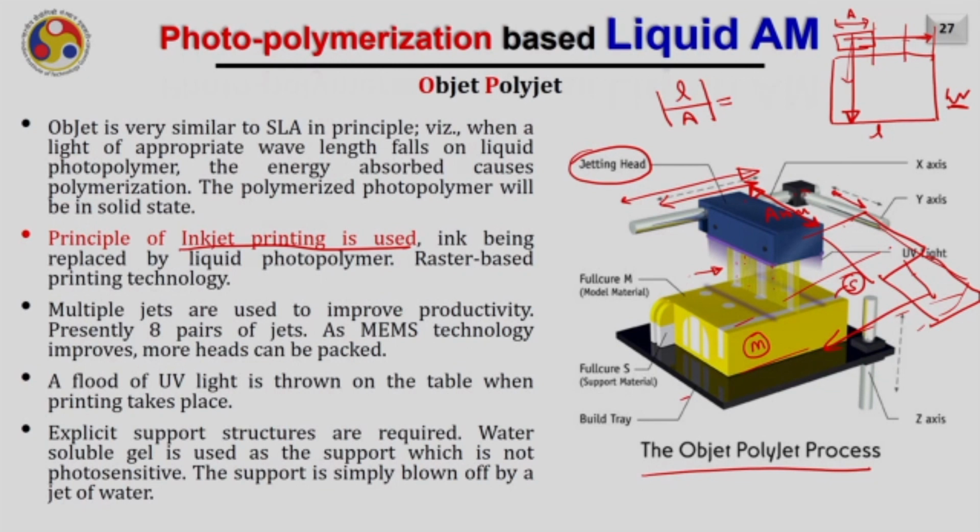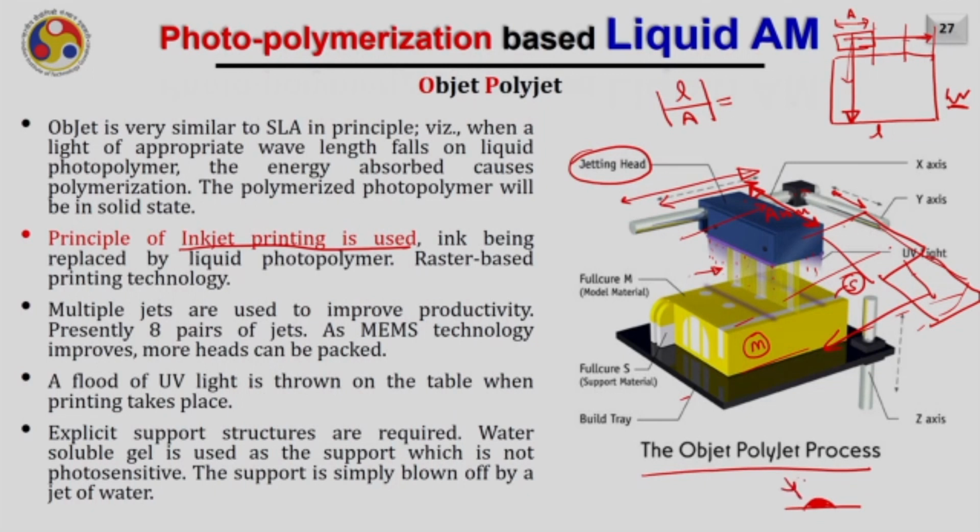Also, when instantaneously the material falls, you can see the UV light is also coming from a distance. It is available on both the sides. As it goes from this end to this end, it injects or just provides some drops of the liquid photopolymer on the substrate.